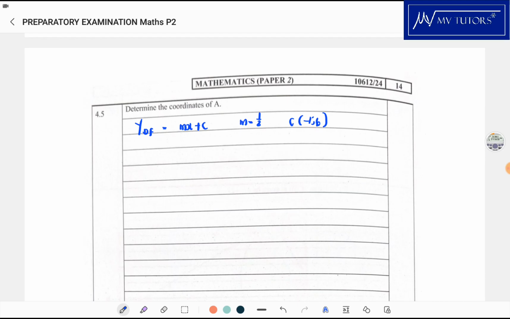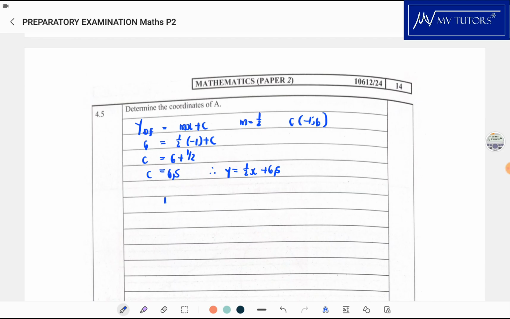We can then substitute it in, so we have 6 there, we have a half, and then our x is -1, and then c would be 6 plus a half. Okay, so it's 6.5. And therefore the equation is y is equal to a half x plus 6.5.